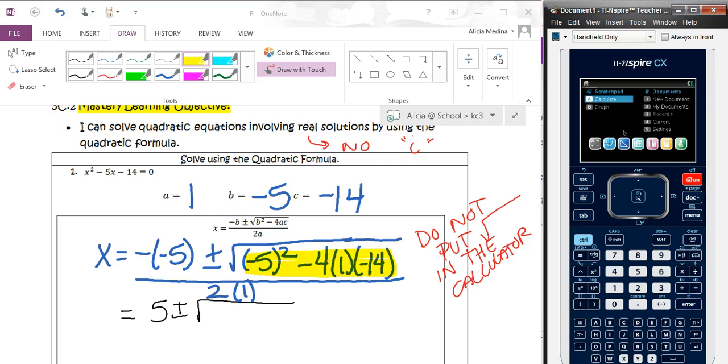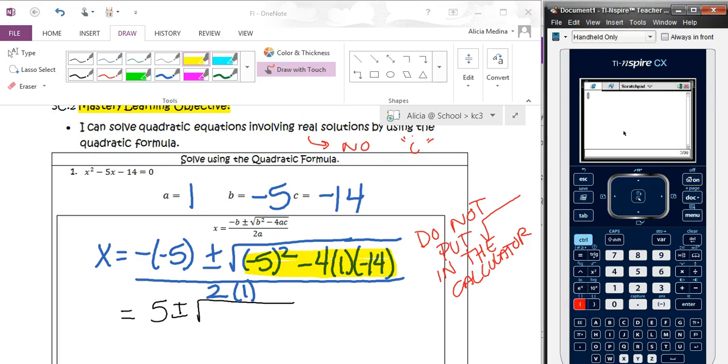Open parentheses, negative 5, close it, square it, minus 4, open parentheses, 1, close parentheses, open parentheses, negative 14, close it, click enter. So everything underneath the radical is going to be 81. Still all divided by 2 times 1, which is 2.